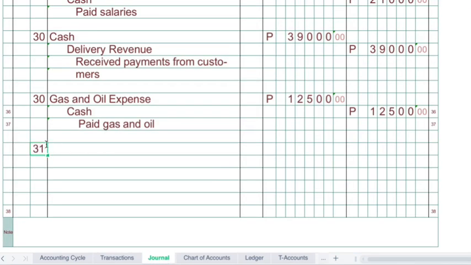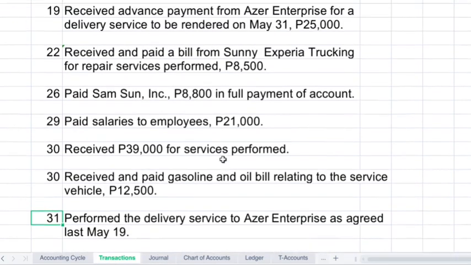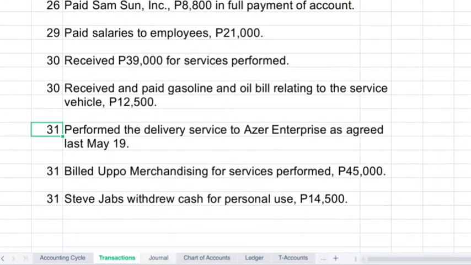So, debit unearned revenue. Oh no. That is debit. So, we will not indent that. Unearned revenue. So, how much ba yun? 25,000.